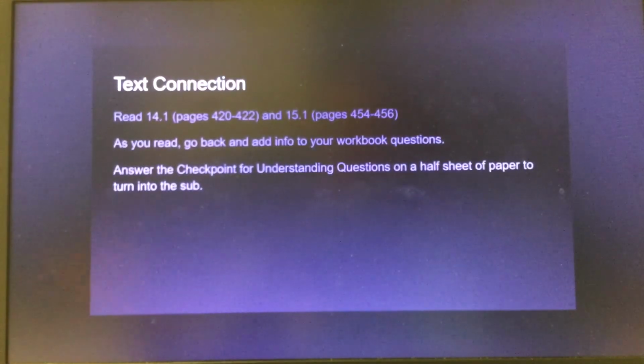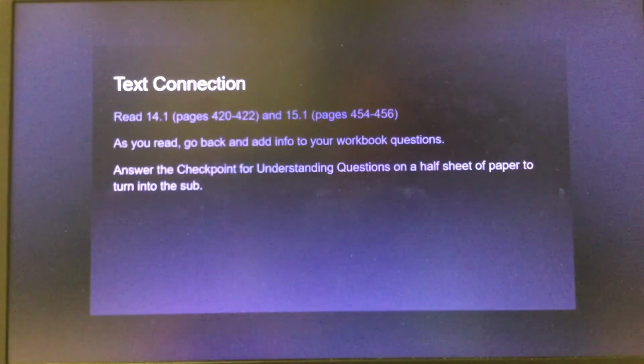Then at the end of each section, there's a checkpoint for understanding piece. You're going to have one sheet for chapter 14 and one sheet for chapter 15. As you read each section, as I assign them, you're going to answer those checkpoint for understanding questions. It must be handwritten so that you can't just share it out and not even have to try to write it down.